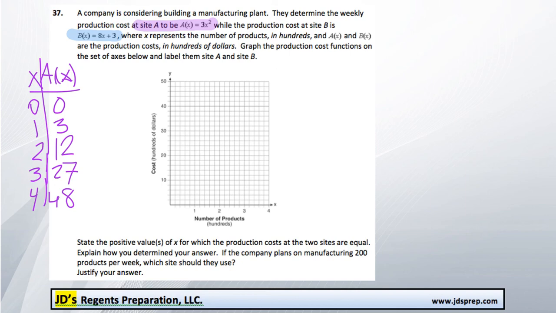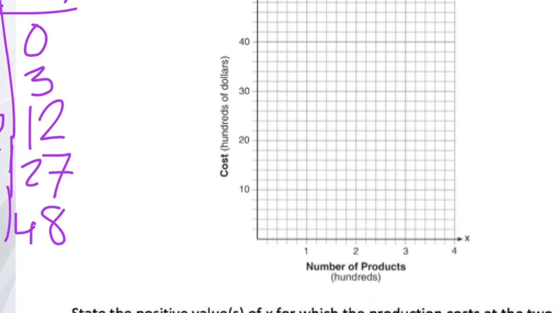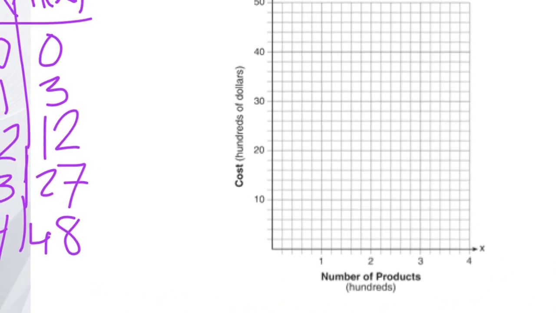All right, let's go ahead and plot these points here. I'm going to have to zoom in for sure. Starting off with 0, 0. 1, 3. So we can see here it's going up by 2 on the side each time. So 2, 4, 6, 8, 10. So 1 and 3 would be about here. 2 and 12.